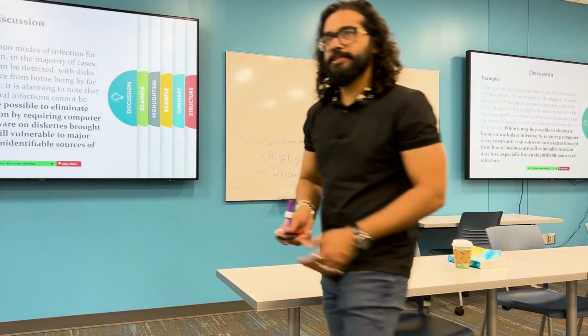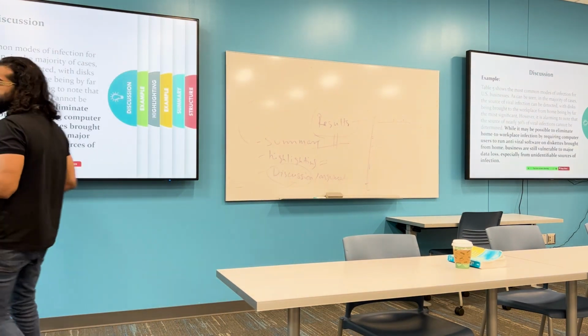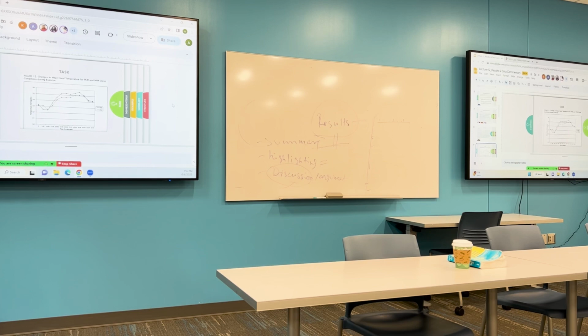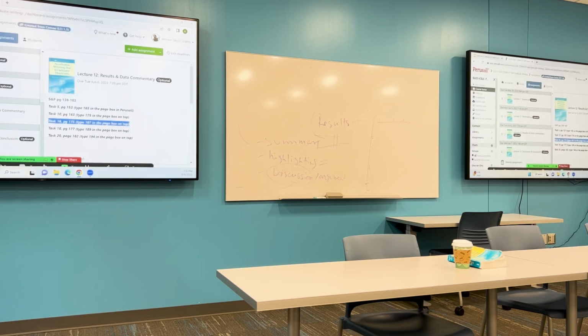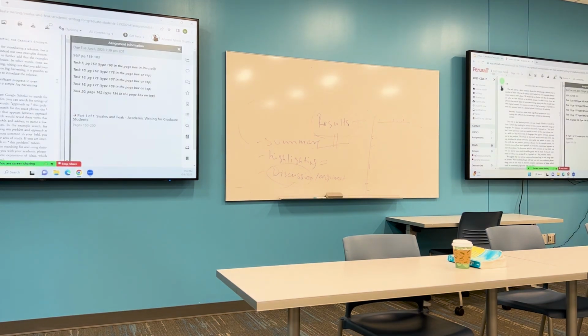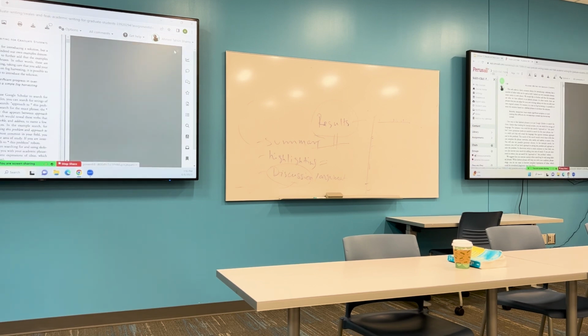Now, let's have a look at a few grammatical aspects after this basic division of paragraphs in the results section. So let's say a few simple basic grammatical aspects. For instance, page 165, Task 5, 10, 60.